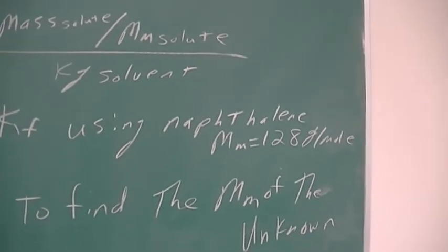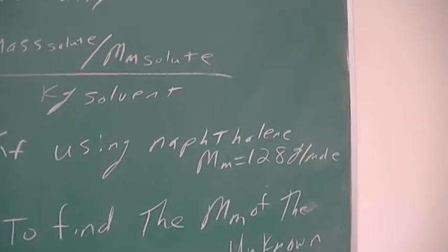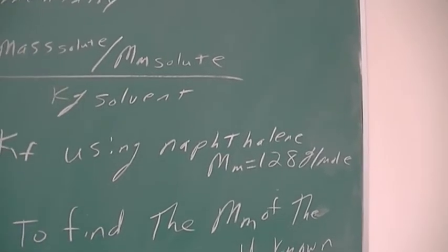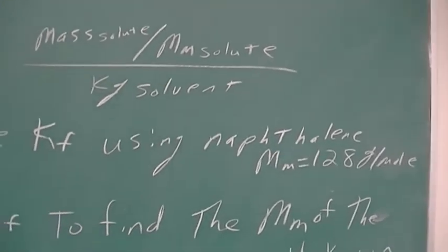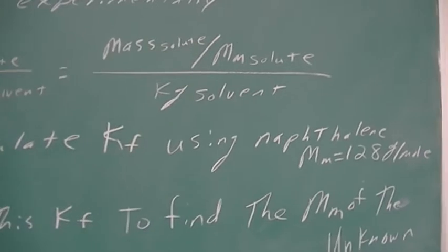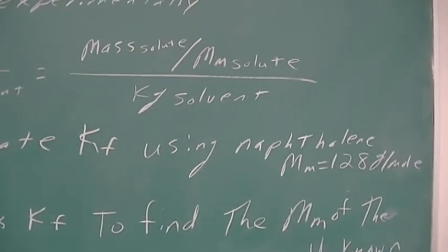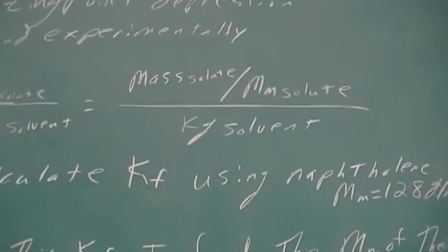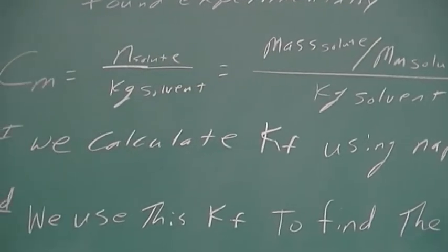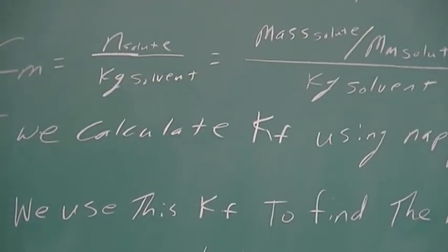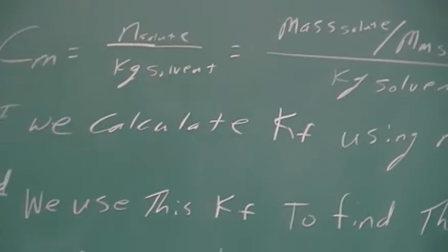We will then find the freezing point depression because we're going to freeze both the pure cyclohexane and the cyclohexane with naphthalene. So we have everything except Kf, and we simply solve for Kf, and we now have our Kf value.